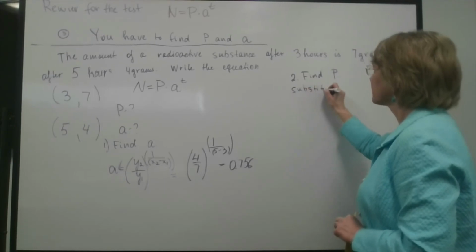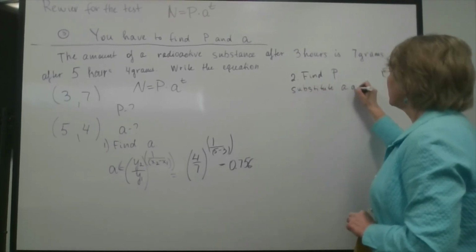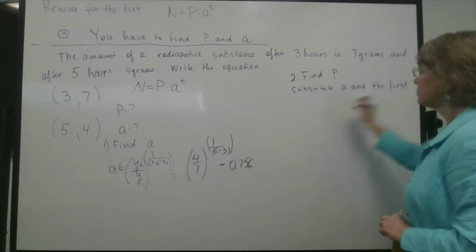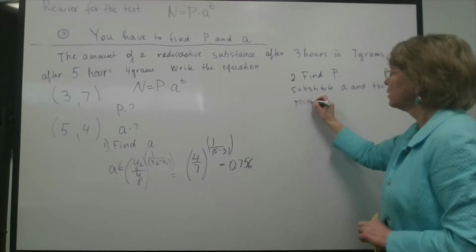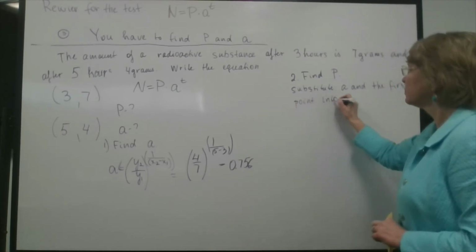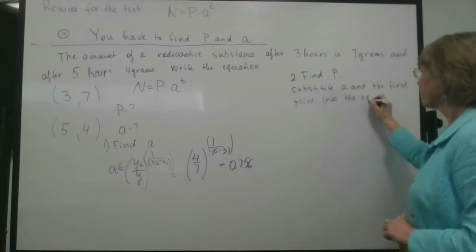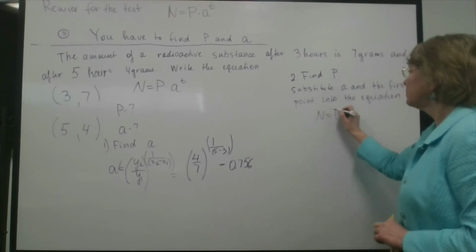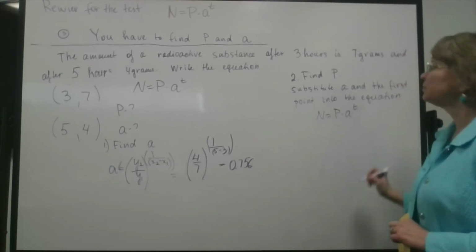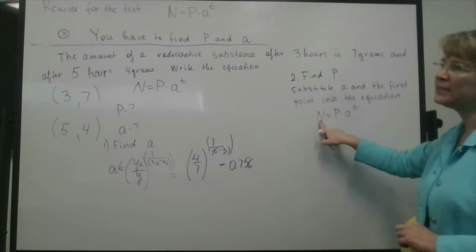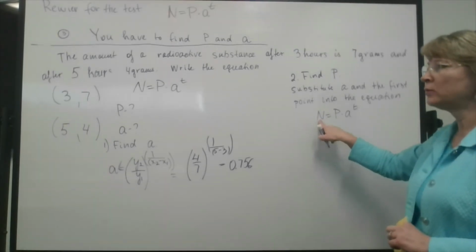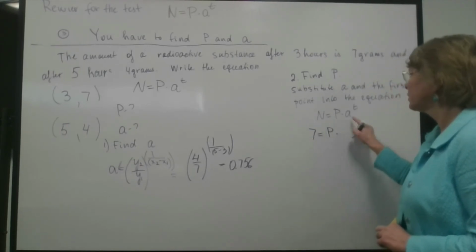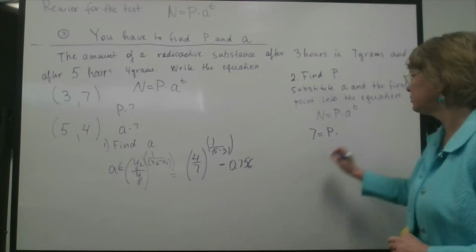Substitute A and the first point into the equation. N equal P times A to the T power. So what will we put instead of N? It's our amount, so we will substitute 7 here. We don't know P. Our A we calculated already.